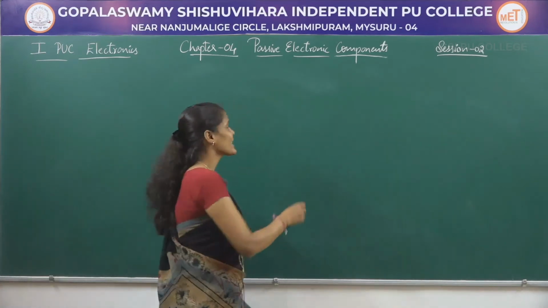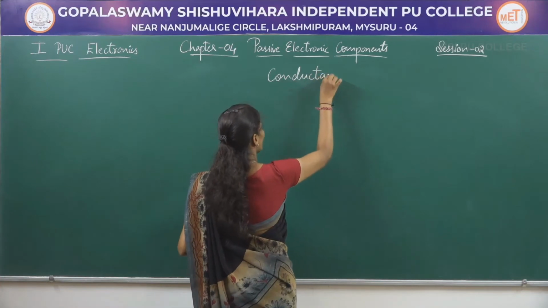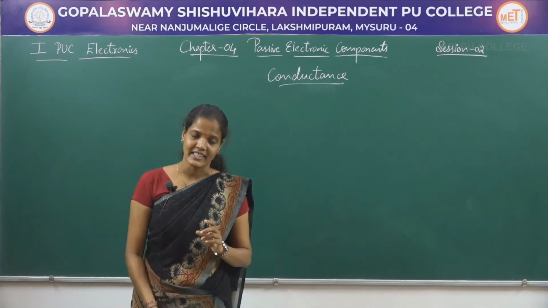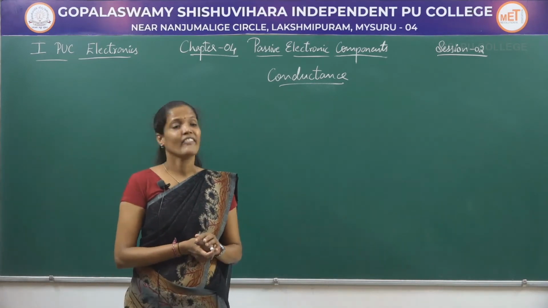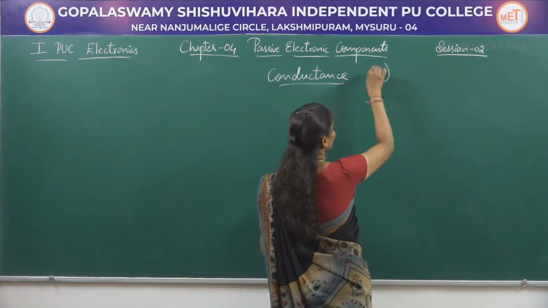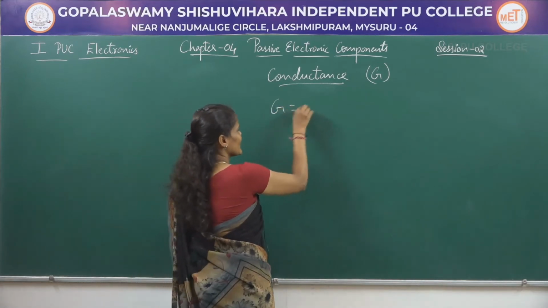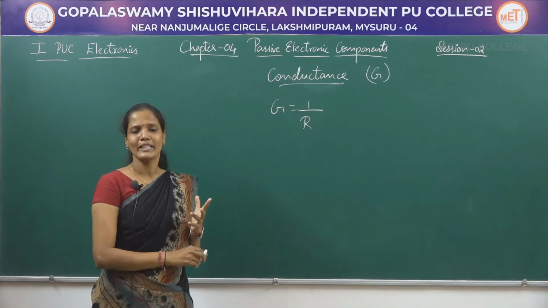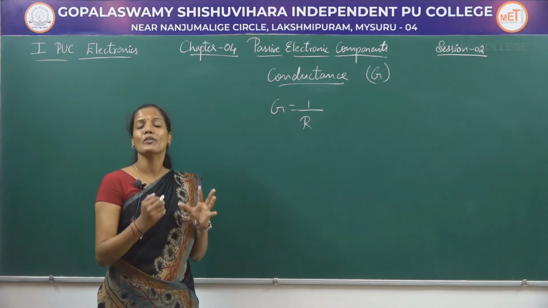The next topic is conductance. So what exactly is this conductance? We already know about the resistance. Resistance is the property of a material to oppose the flow of current, whereas this conductance, which is denoted by the letter G, capital letter G, is the reciprocal of the resistance, that is G is equal to 1 divided by R. R, resistance, is nothing but it opposes the flow of current, but here the conductance, it allows the flow of current.